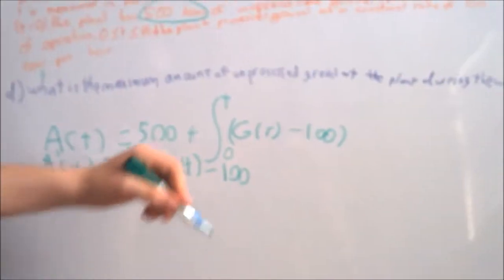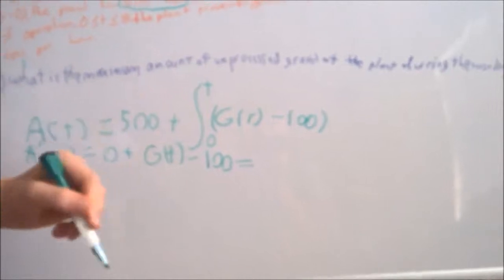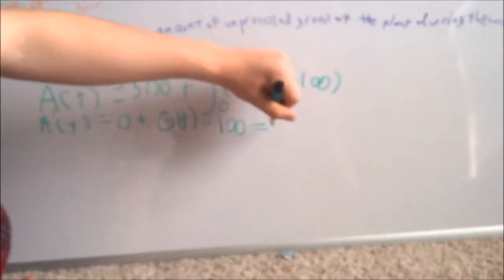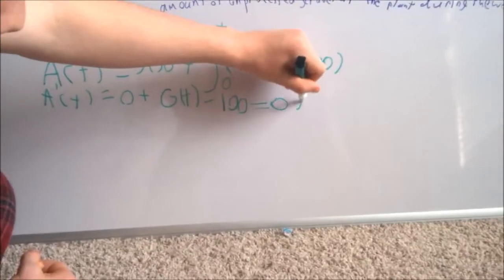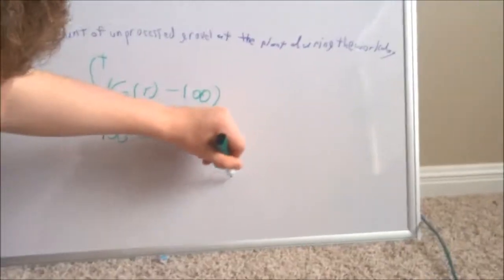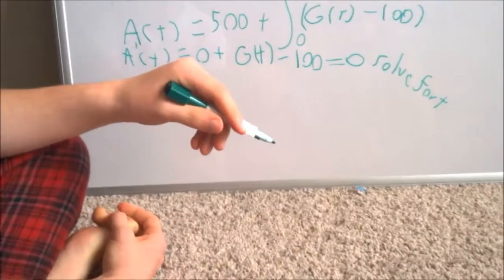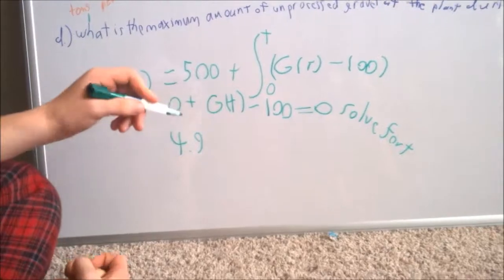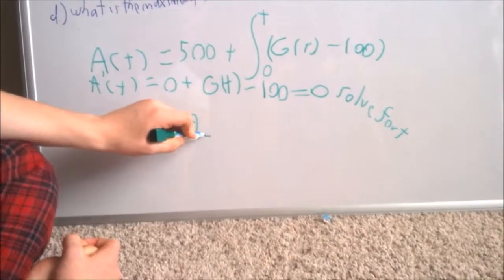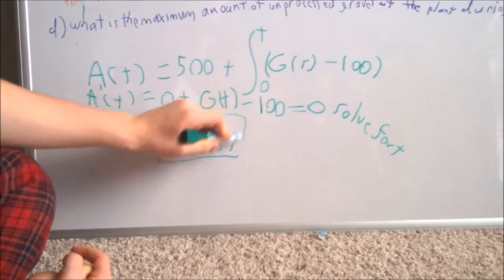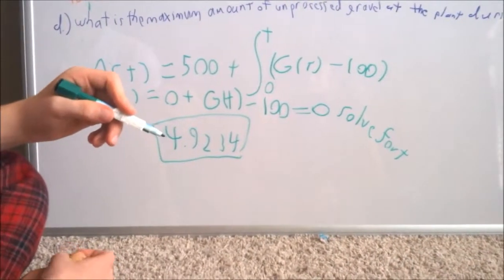And if you want to find the point at which this equals nothing, which would be the time at which the amount is no longer increasing, set this to 0, solve for t, and you're going to get a number like 4.9234, thereabouts. And you can use this number, or you can just not, quite frankly.